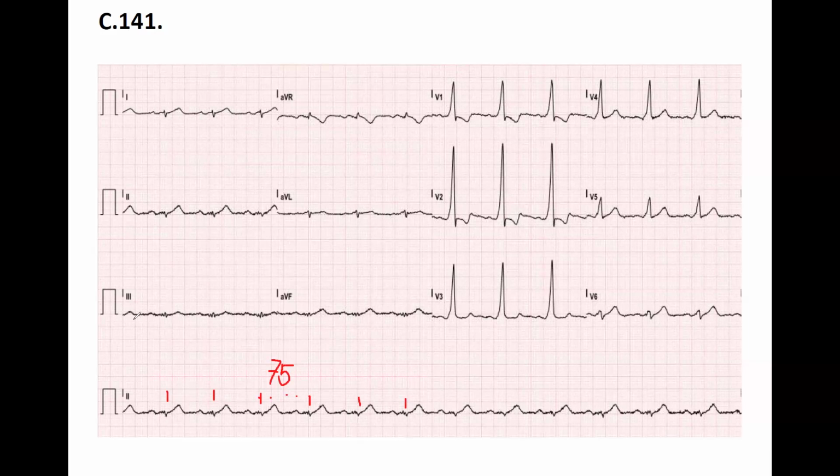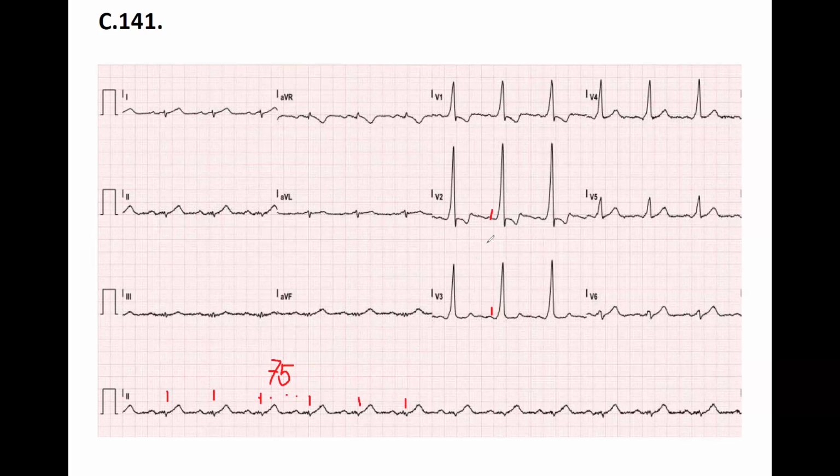Do we have P waves? Very barely you can see the P waves. This is, for example, a P wave here. Here you almost don't see it because of the noisy background.